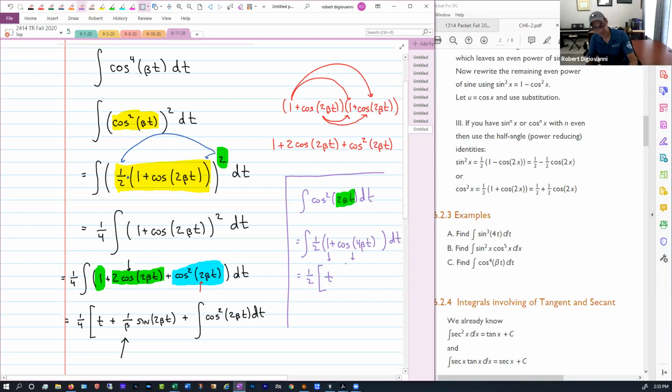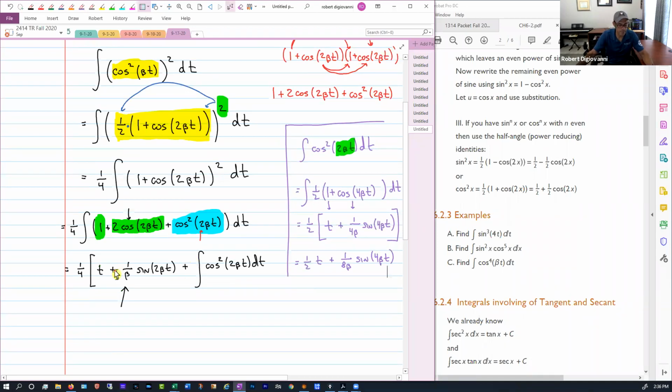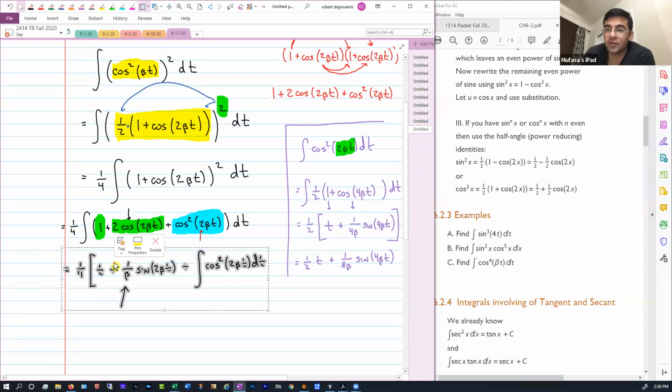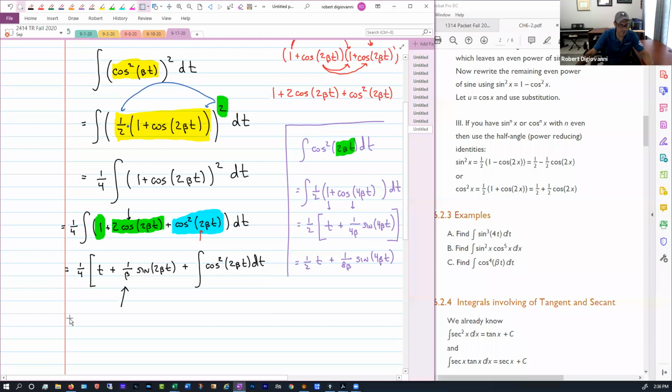The antiderivative of cosine of 4 beta t is 1/4 beta sine of 4 beta t, which is 1/2 of t plus 1/8 beta sine of 4 beta t. So you just multiplied the 1/2 across? I just passed it through.